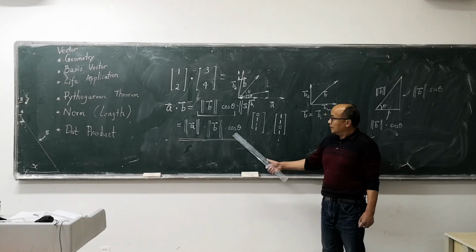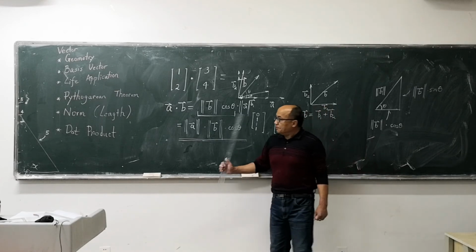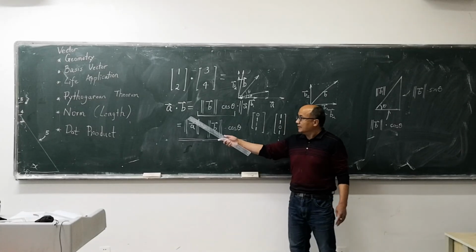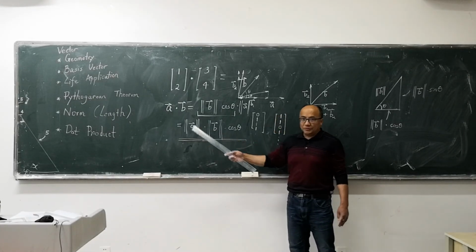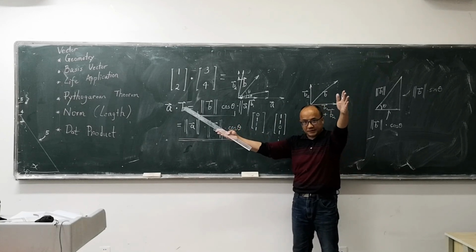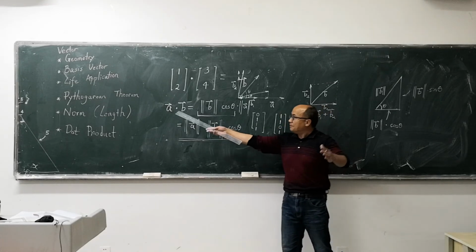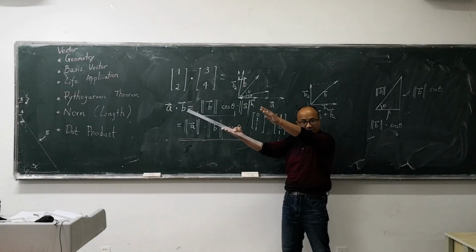Are you following me? Yes. The meaning is that you're calculating, basically, the dot product gives you how similar the two vectors are. If the result is larger, it means the two vectors are kind of similar.